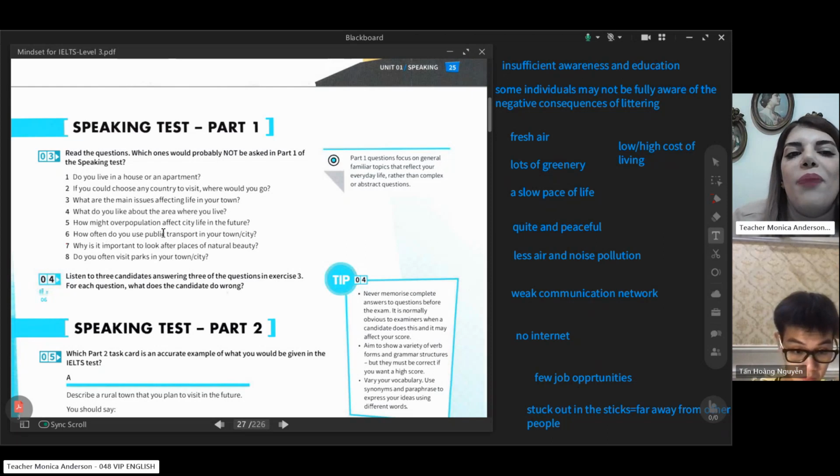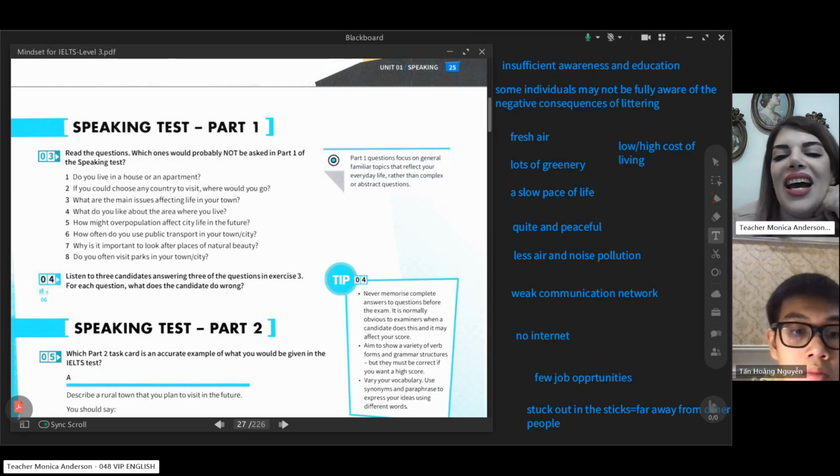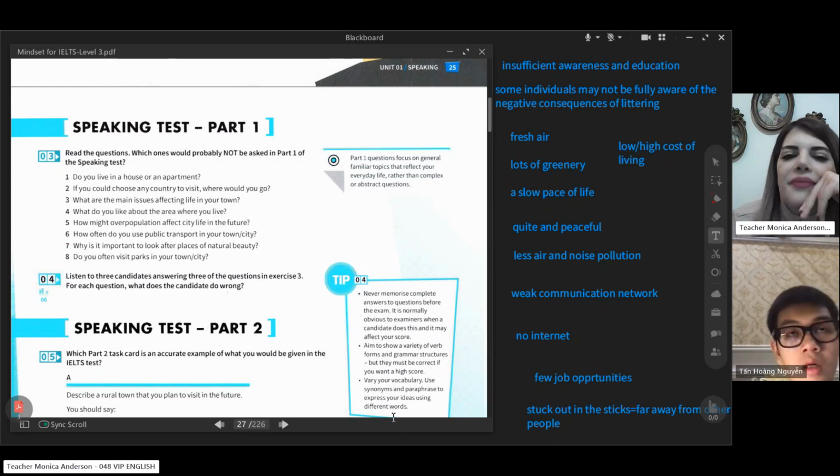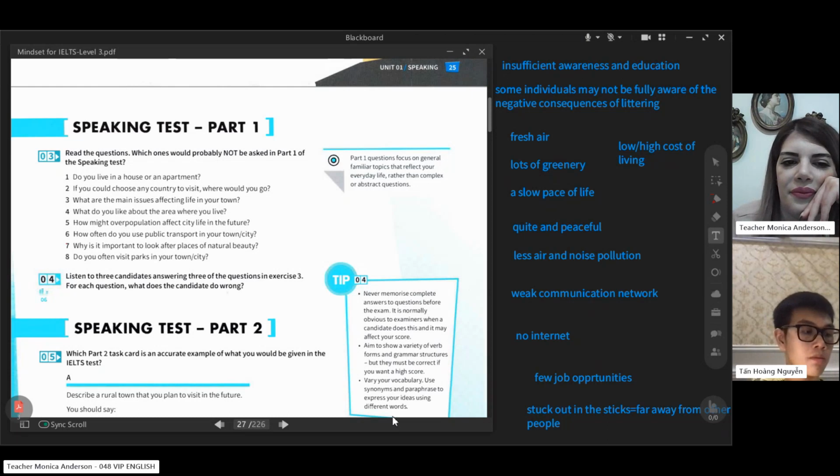How might overpopulation affect city life in the future? From my personal perspective, the ratio of population nowadays is very high. It has risen considerably more than a lot of years ago.